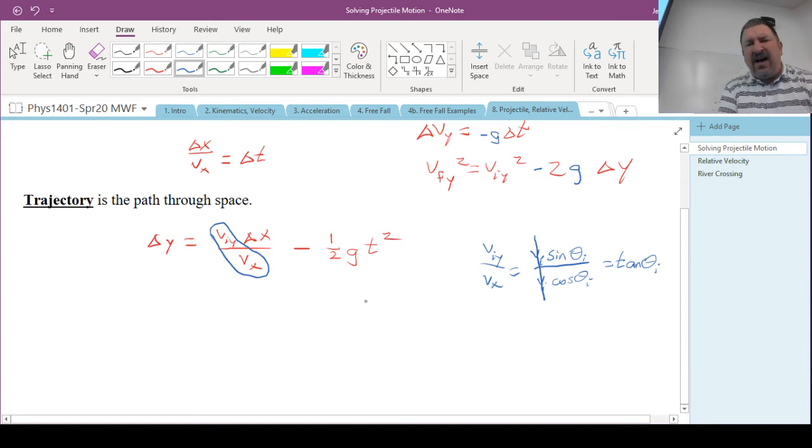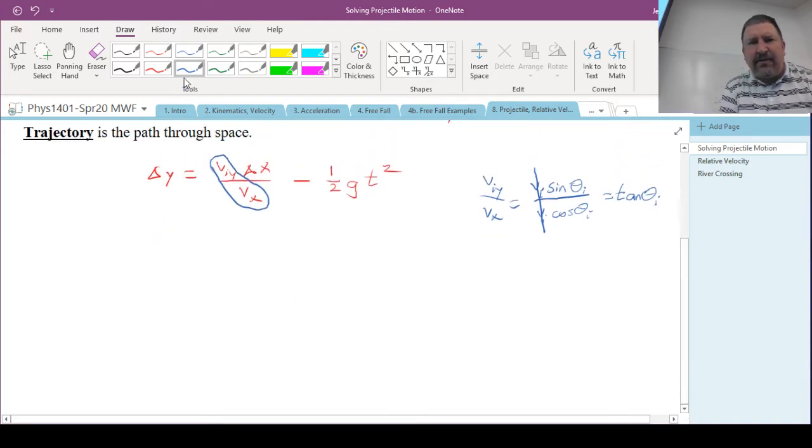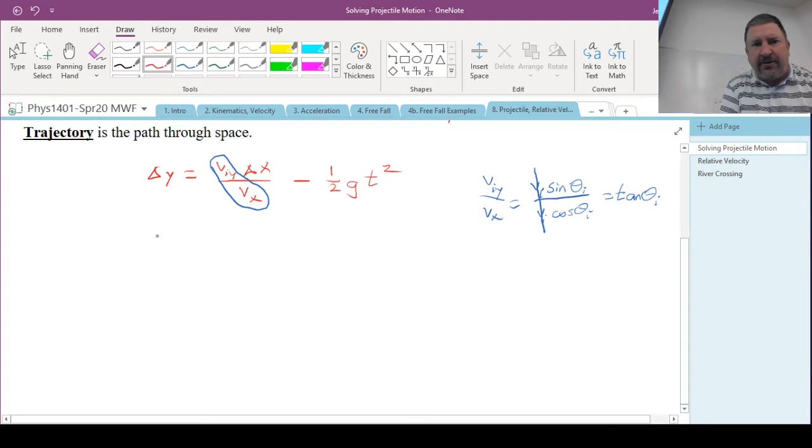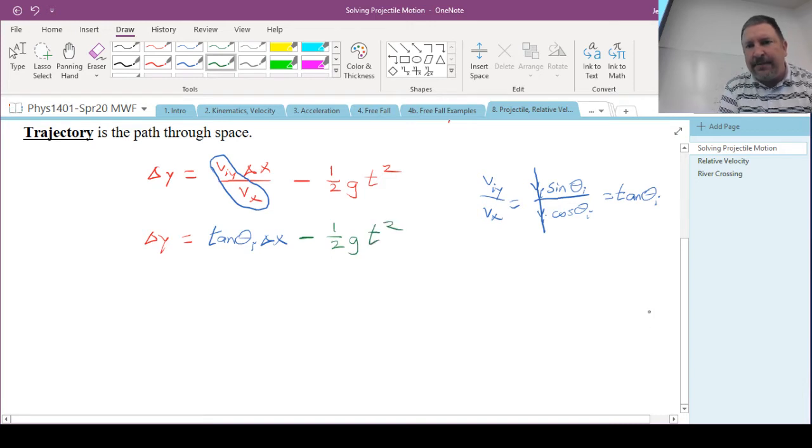So then I want to think about what tangent theta means. And to do that, let me first rewrite the equation, and then we'll do a drawing. So delta y is equal to tangent theta delta x, and then I'm going to make this one green, minus 1/2 gt squared.